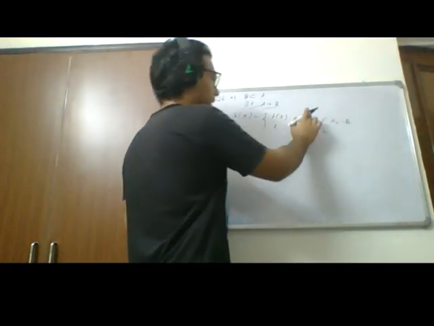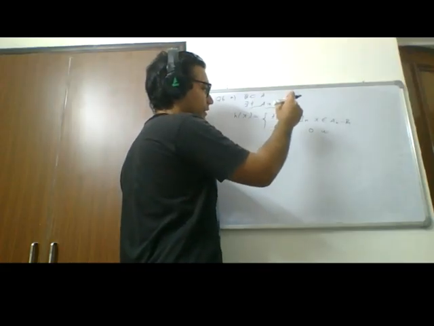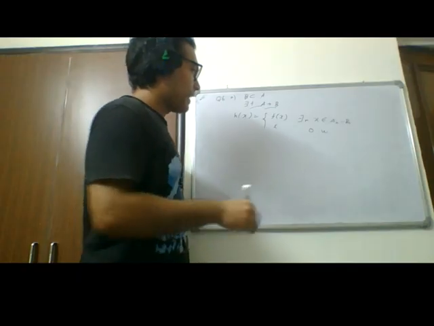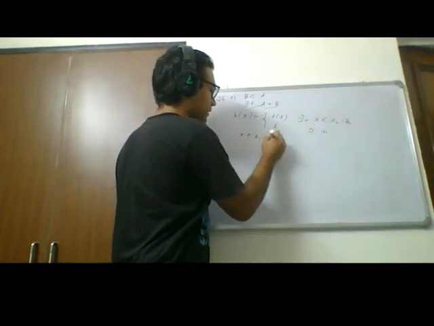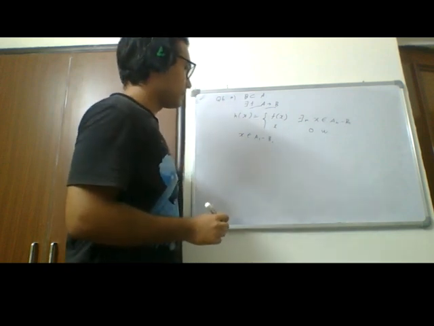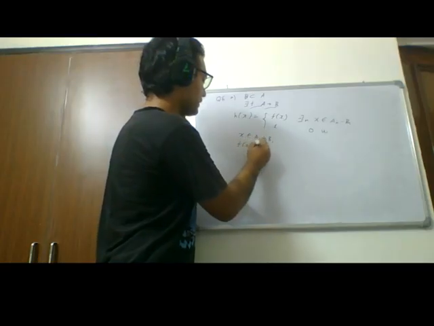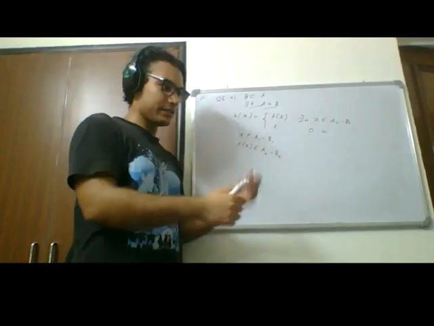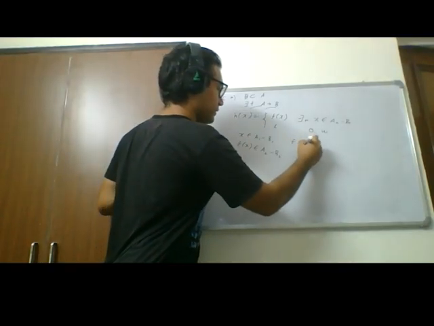You have to see that by definition, both of these sets combine to make A, essentially, right? And if x belongs to A1 minus B1, then f of x is going to belong to A2 minus B2, because essentially the image set transfers.